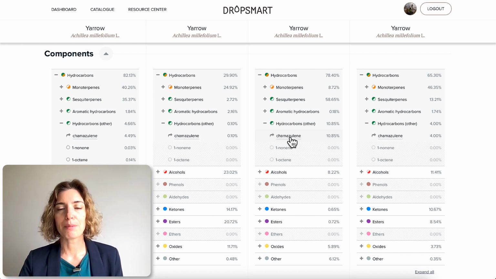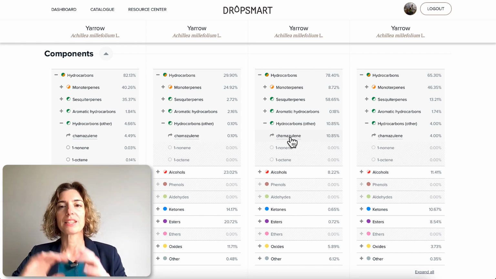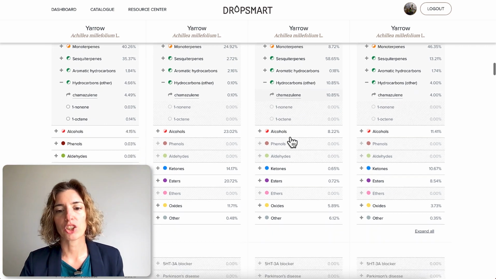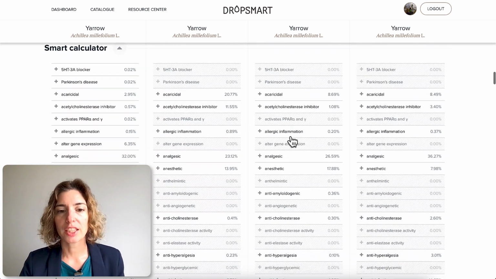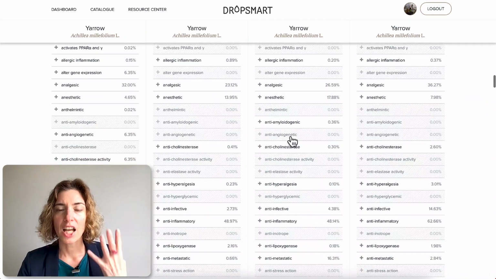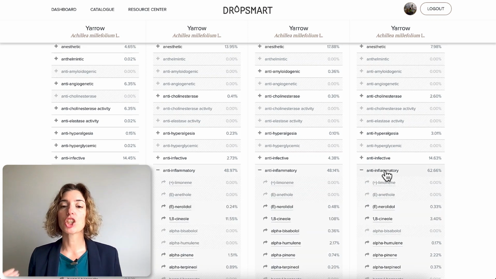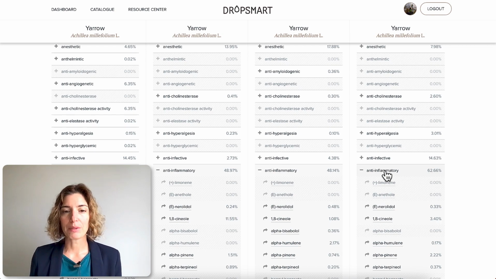For example, when we have oils with chamazulene, we like to connect it to the anti-inflammatory action, to the soothing of all sorts of pain and inflammation. But if we look at these 4 different yarrows and the percentage of the anti-inflammatory action, it's much larger than the amount of chamazulene there.